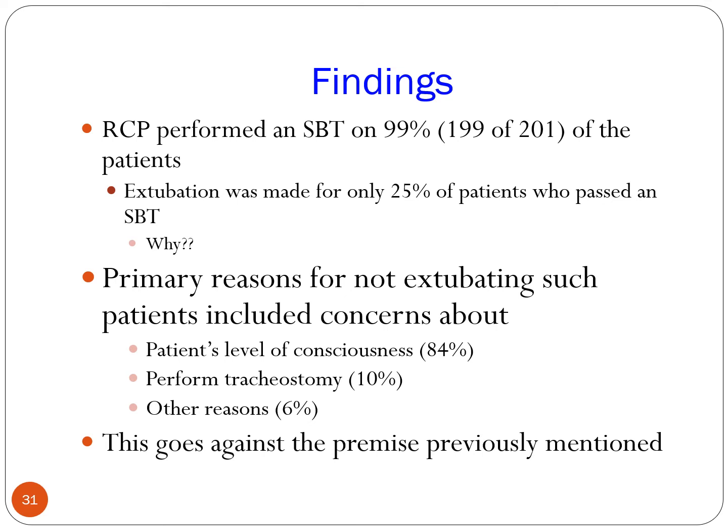So in other words, a certain percentage of those patients passed the SBT, everything was fine, but only 25% of them were extubated. So the question is, if someone passes an SBT, a spontaneous breathing trial, why are they not extubated? Why were they maintained on mechanical ventilation?